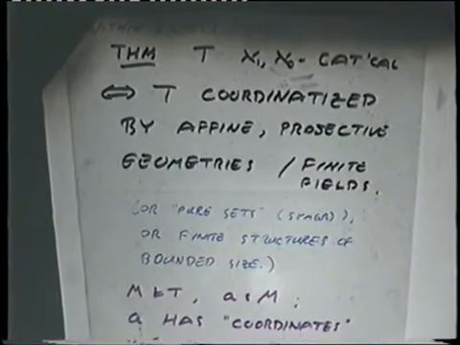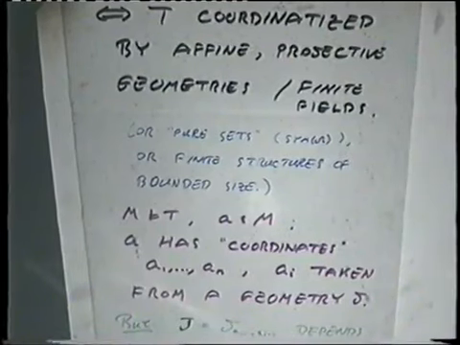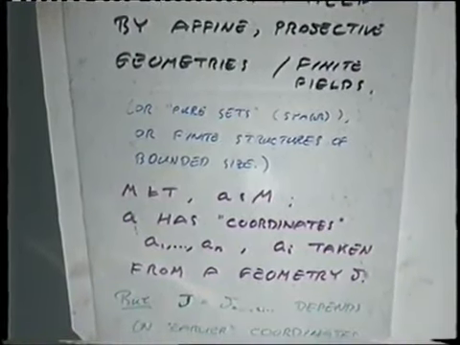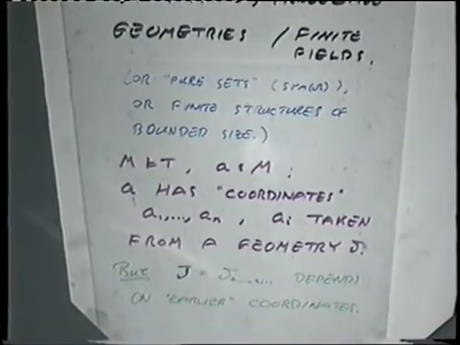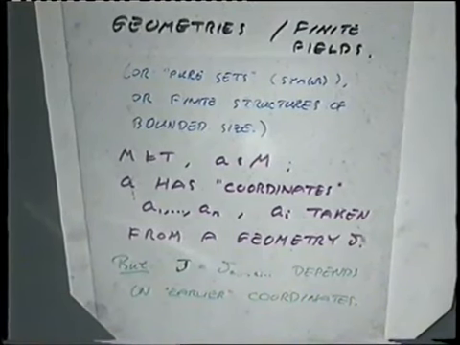We're going the other way. What I mean by coordinates is that to an element of a model of this theory, you can assign finitely many elements, each one of which is taken from one of the geometries.